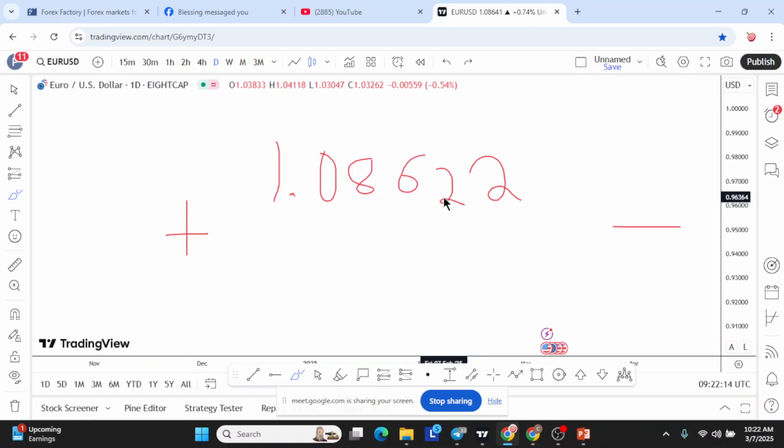It's starting from the 4th number. So we are going to put that 5 beneath that 4th number. 1, 2, 3, 4. That is where we have that pip count. So we are going to add the number of pips that we expect price to move. We expect price to move up by 5 pips.